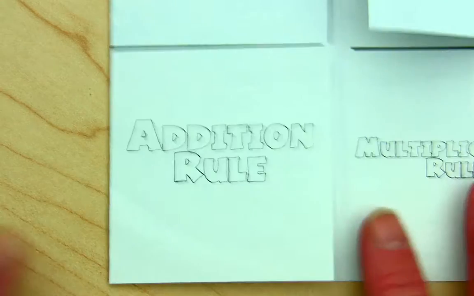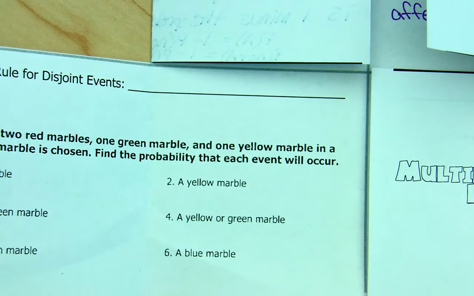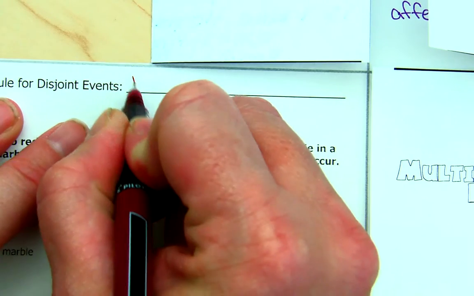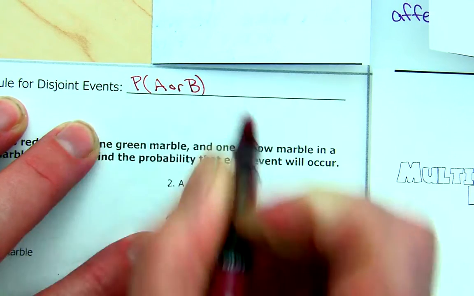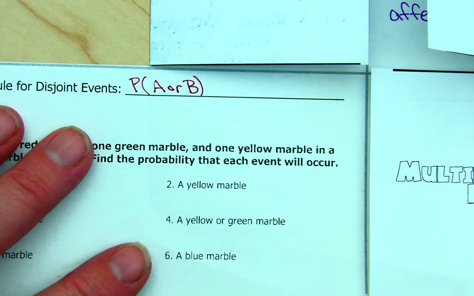So, addition. So here, the addition rule for disjoint events says if we're looking at the probability of A or B. When you see two options and it's an or, that tells you you're doing addition.